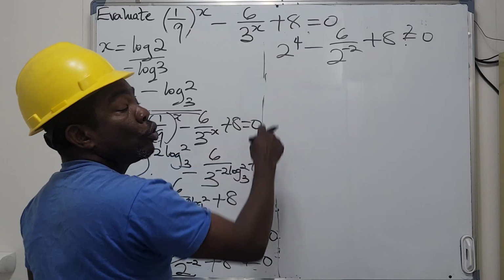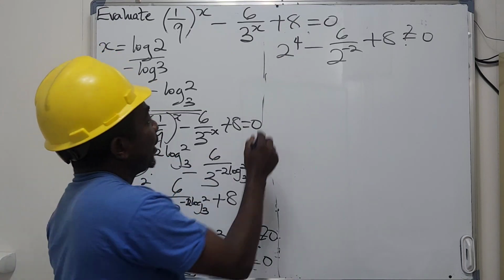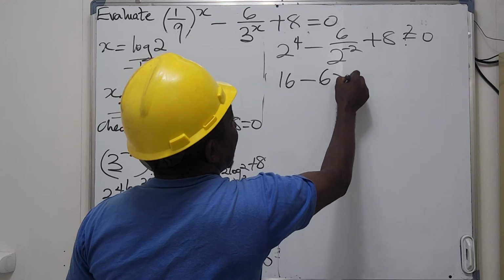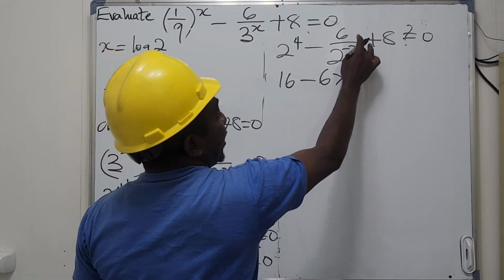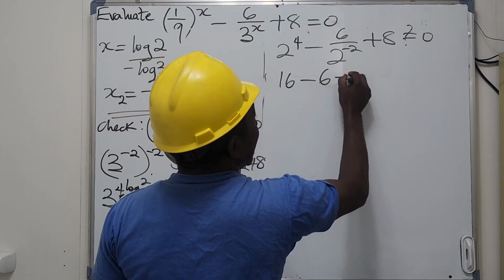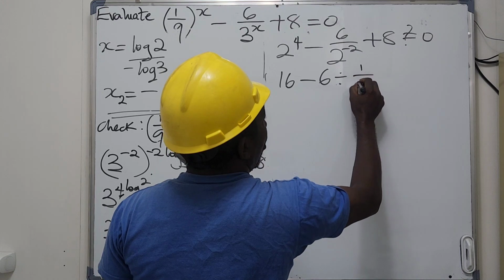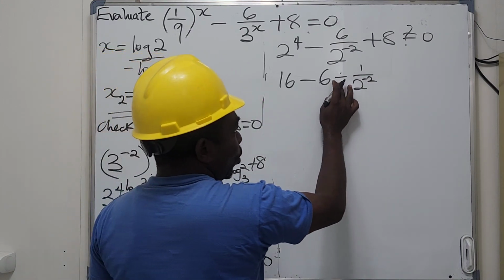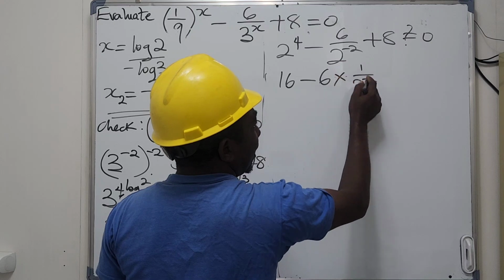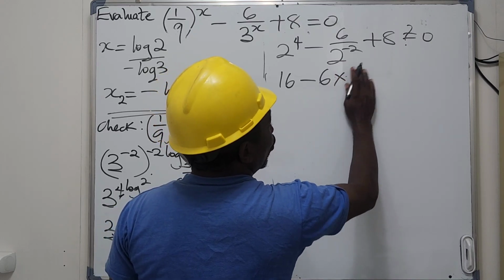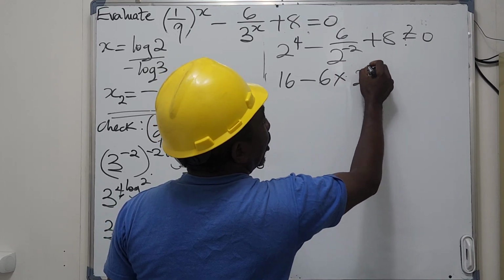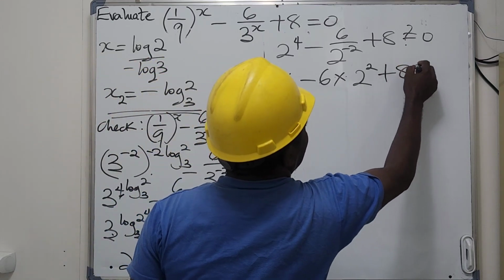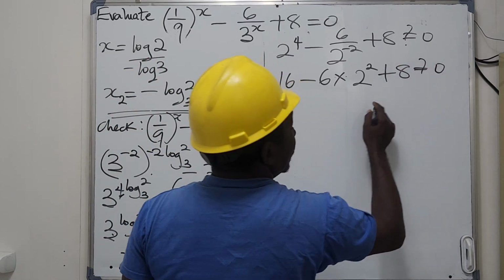In this case, 2 to the power of 4 is the same thing as 16, minus 6 times this, which is the same as 6 divided by 1 all over 2 to the power of minus 2. So when we turn this to a multiplication sign, this will go up and become 2 to the power of 2. So in this case, we have plus 8, will this equal 0?